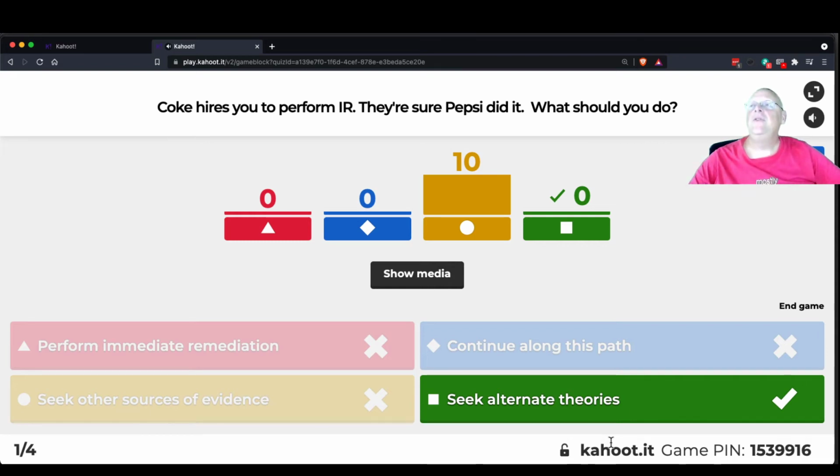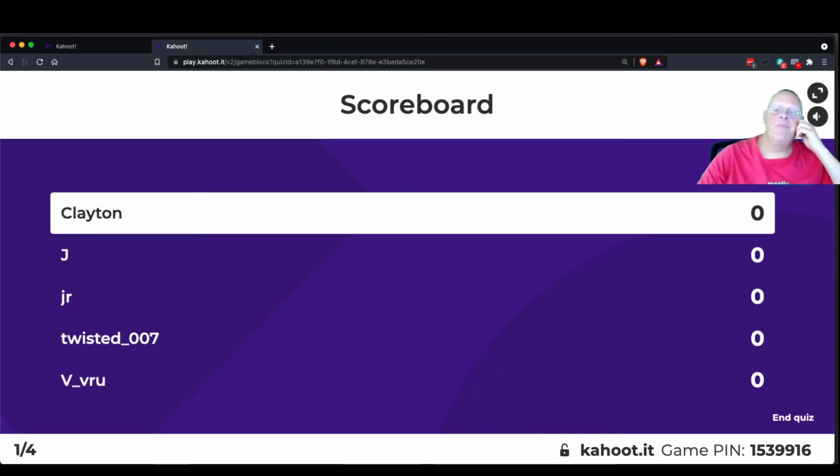I mean, your customer doesn't get to tell you who's guilty. They hire you to investigate, and you have to look at the evidence and see. You can't just assume that what they tell you is true. You aren't really serving them in that case. They need to be educated. Look, you can't just tell me who did it. You have to let me examine the evidence, and let's see if they did it. Anyway.